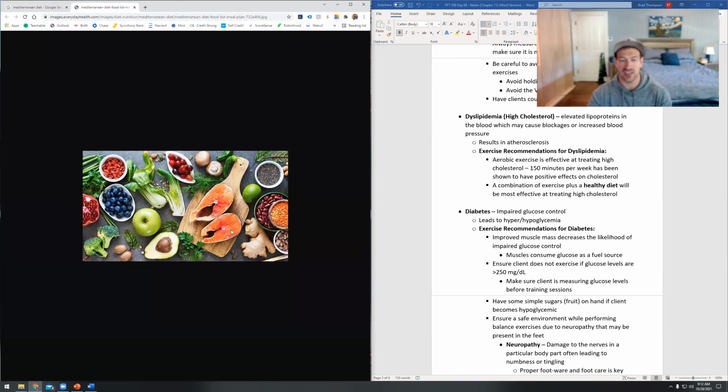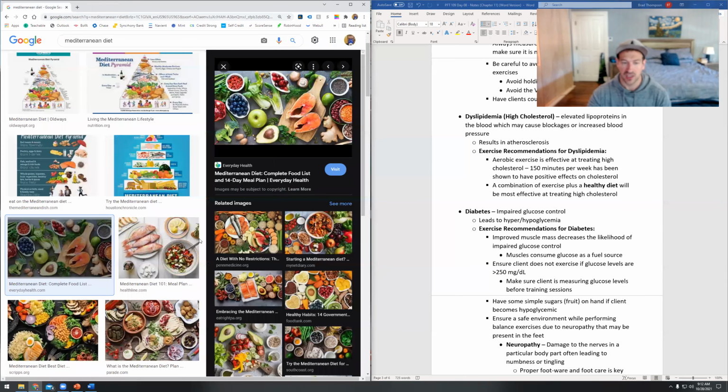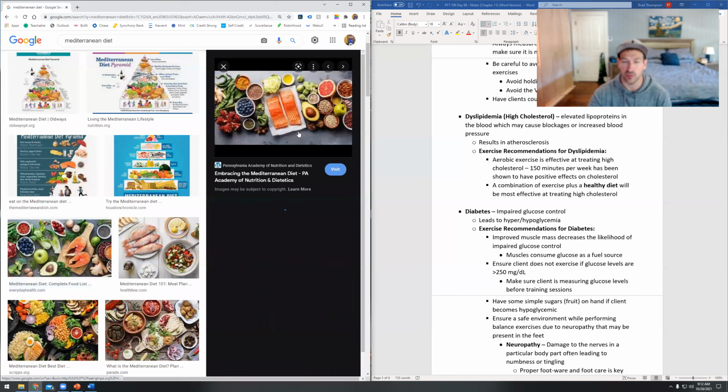So you can see this is sort of your classic Mediterranean diet. It's a lot of whole grains coming from beans and things like that. Chia seeds, which are super rich in fatty acids, avocado, which is really rich in fatty acid, nuts, fish is big, and then lots and lots of vegetables. That has really positive benefits.